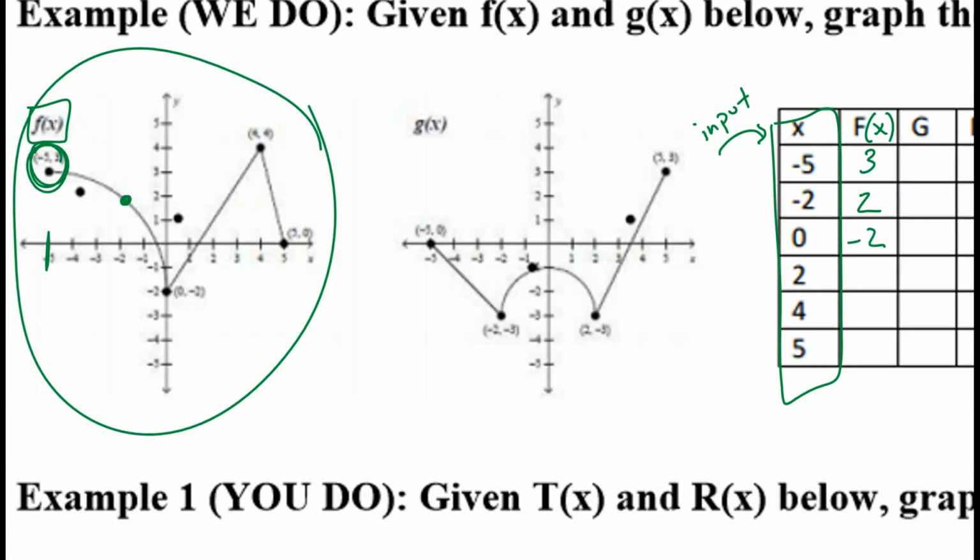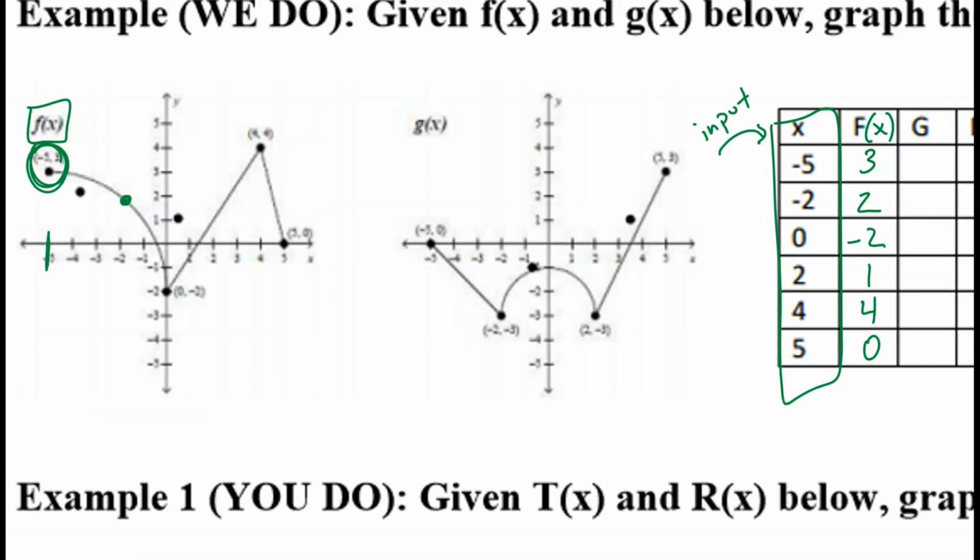When your x value is 2, what do you have on f of x? 1. When your x value is 4, what's f of x? Oh, wait, whoa. No. It's 4. And when your x value is 5, your f of x is 0. Good.